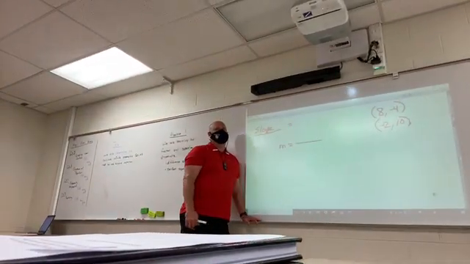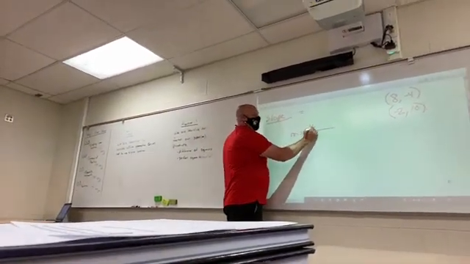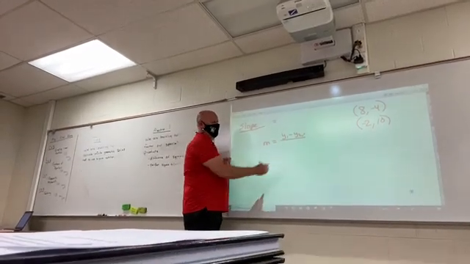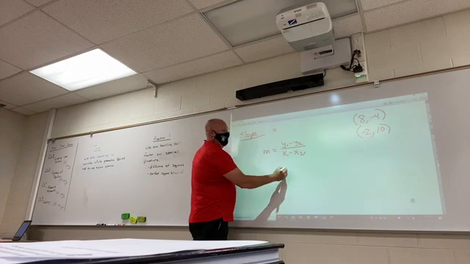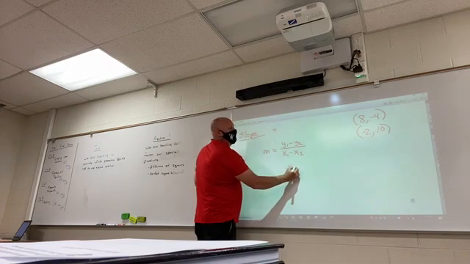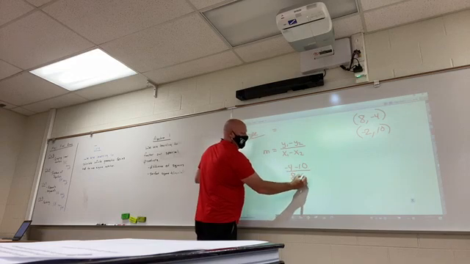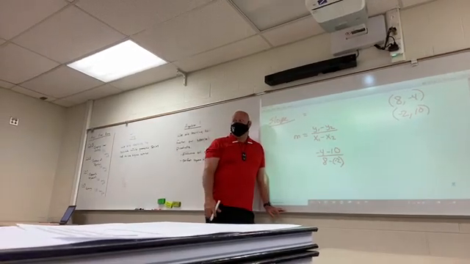How do we find the slope? You subtract the y's on top, and then you subtract the x's on the bottom. So basically you would just do like -4 minus 10 over 8 minus a -2. And then just simplify. Simple enough?